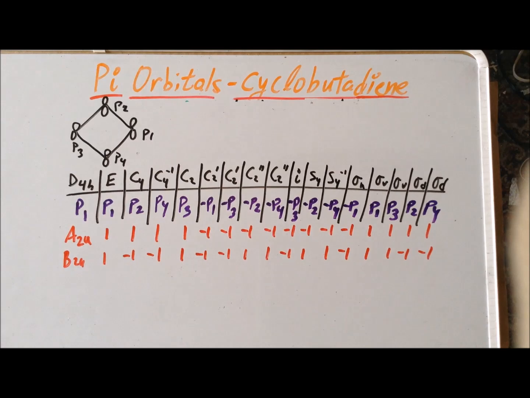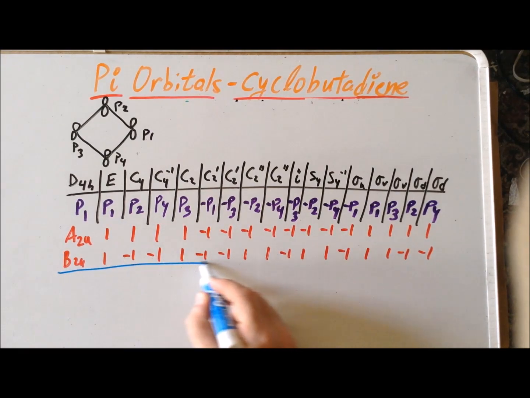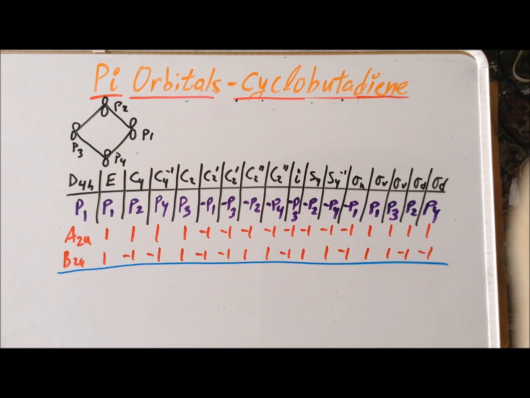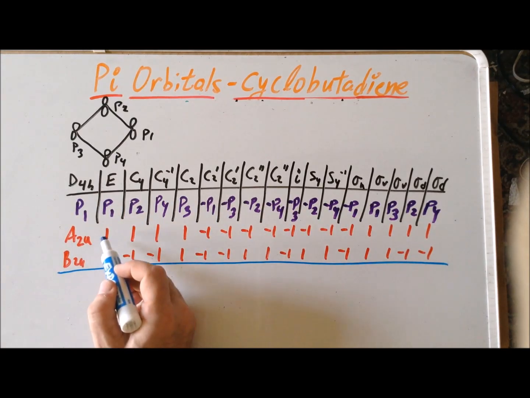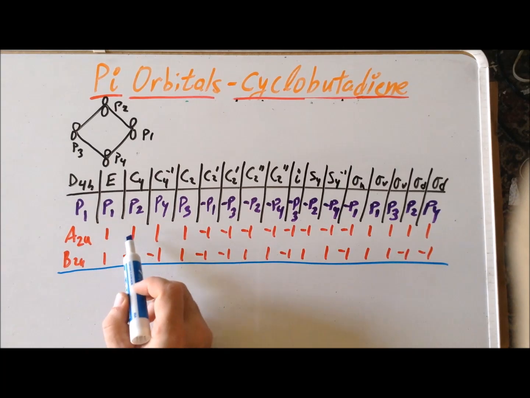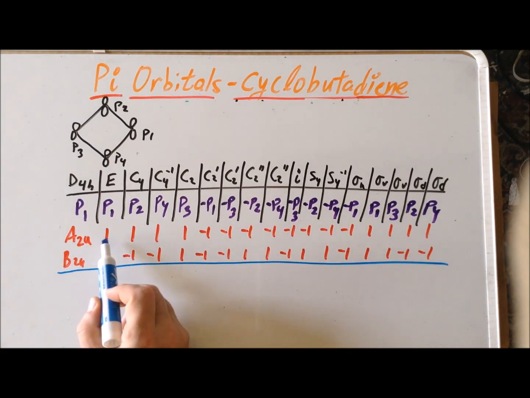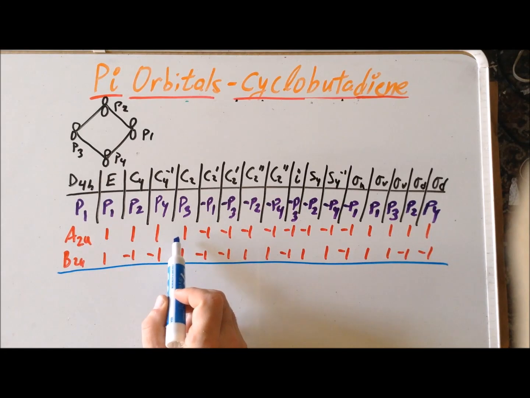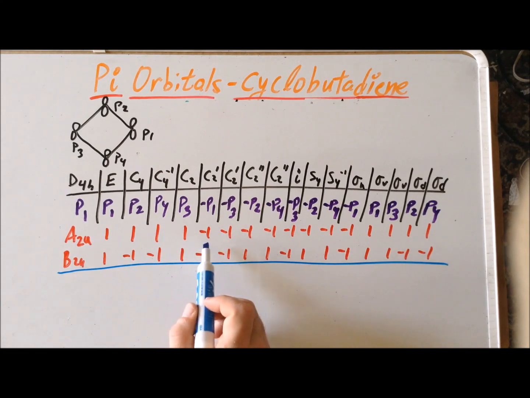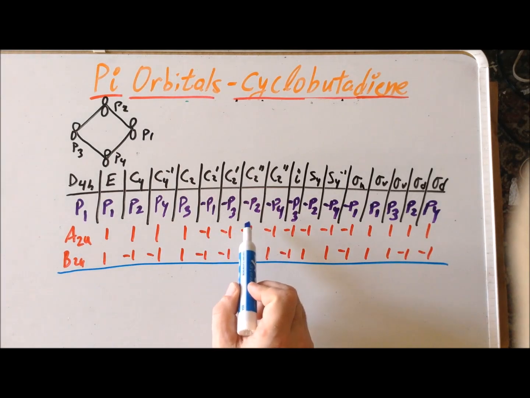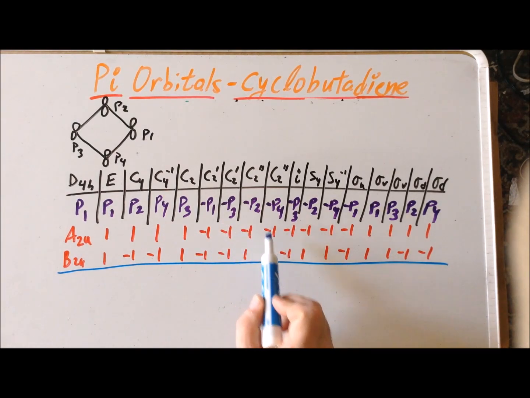To determine what the A2U molecular orbital actually looks like, we multiply each character in this row, in red, times the term in purple in the first row. So 1 times P1 is P1, plus P2, plus P3, plus P4. And then we notice minus P1, so again we have plus P1 plus P2 plus P3 plus P4.